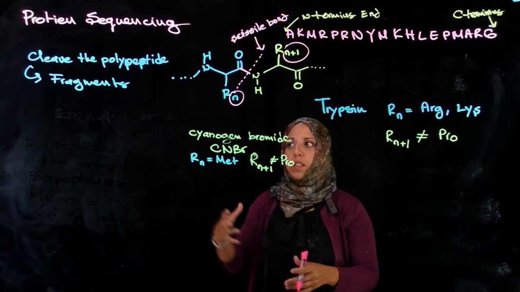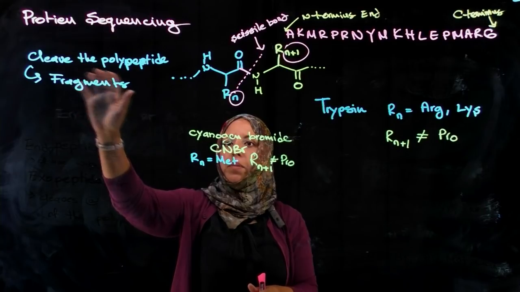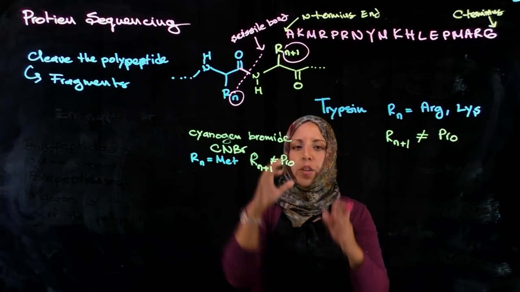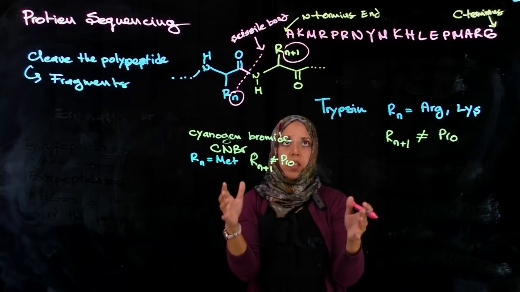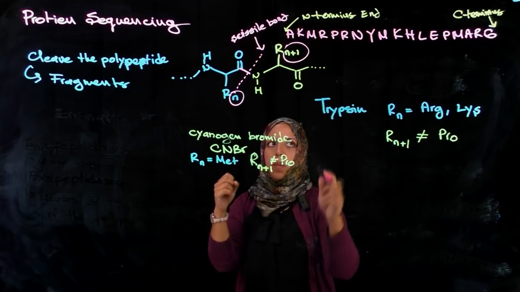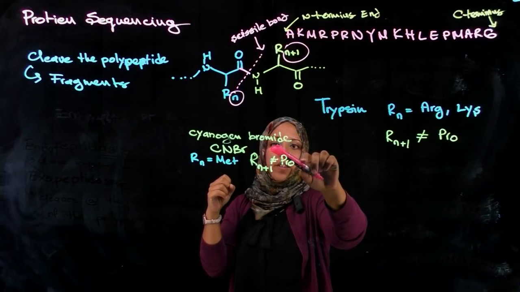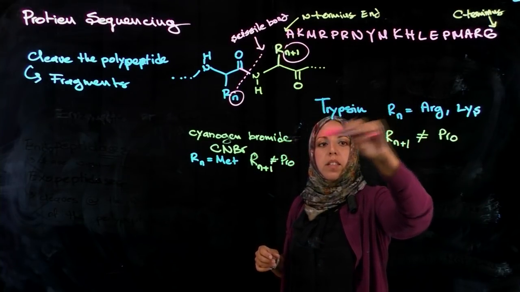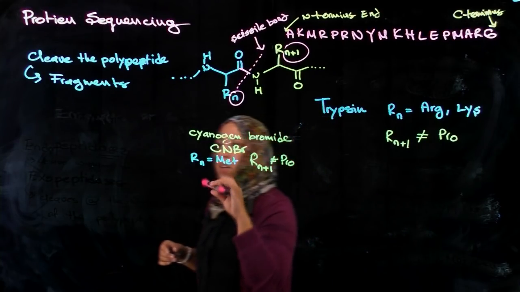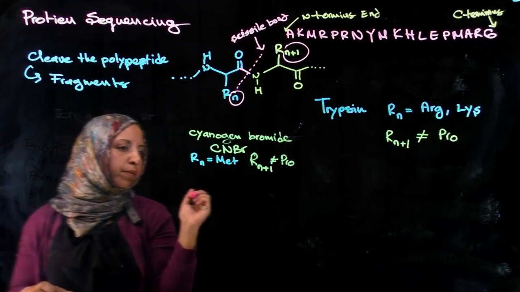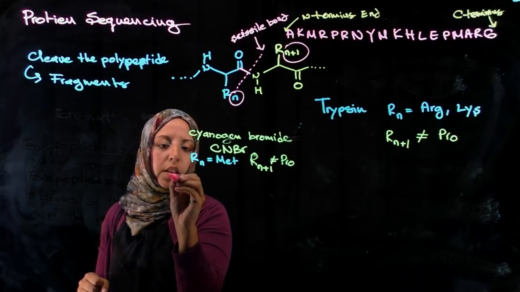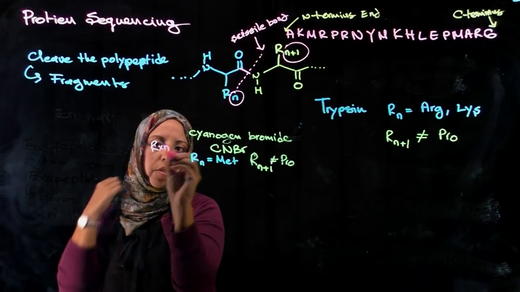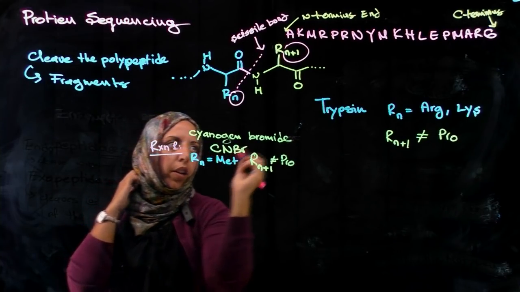How many fragments will it generate? We're cleaving the peptide using a chemical and using an enzymatic method, right? So it's like having two separate reaction mixtures. In one, you'll incubate the peptide sequence with cyanogen bromide. In another reaction, you'll incubate the peptide sequence with trypsin, right? So we are going to call it, really, this is our first reaction mixture, all right?